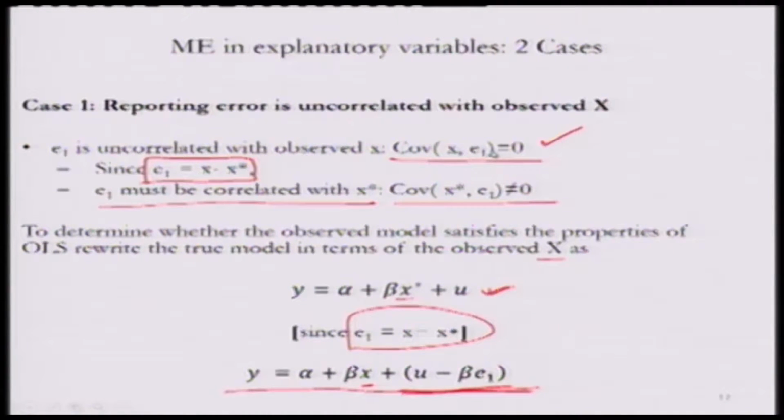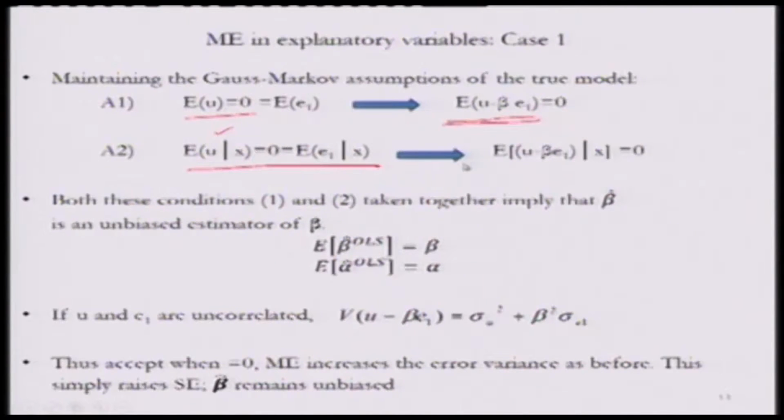So, x and E1 are not correlated as per the first case. So, we also have this condition met over here, which is the expectation of E1 given x equal to 0, and these two combined mean that the expectation of the new error term u minus beta E1 given x must be equal to 0.